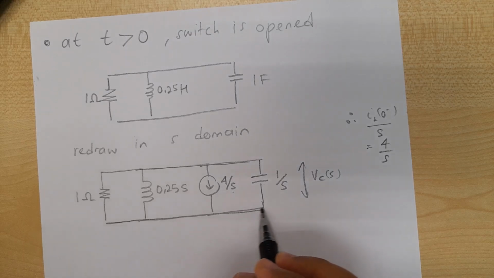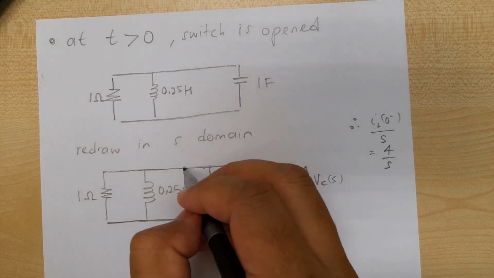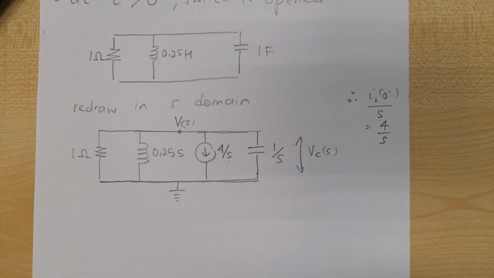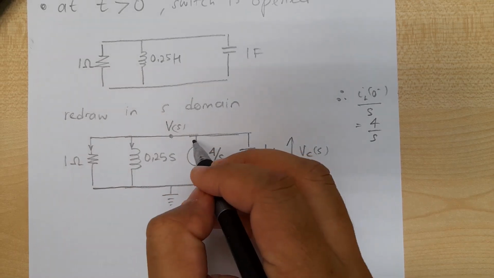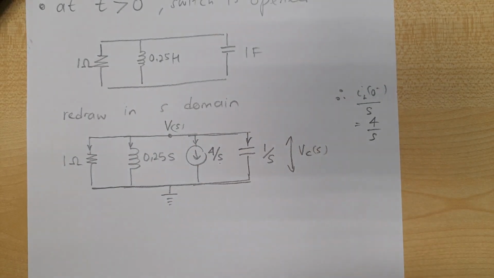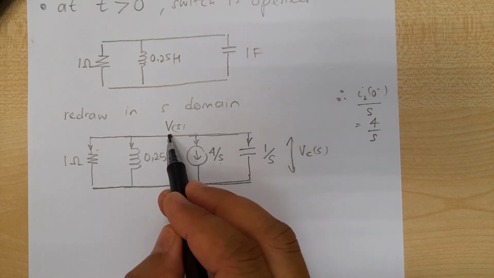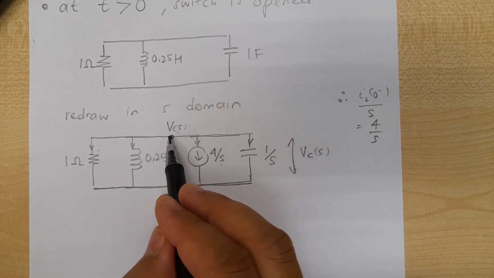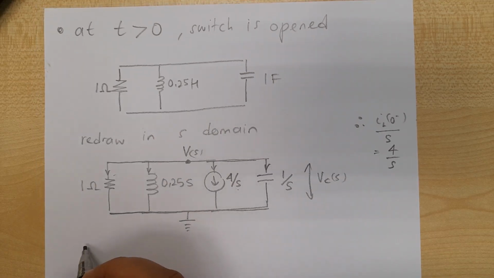Here what we can do is we can use Kirchhoff current law. So we assume that all the currents are going to the ground. So all the currents are moving away from this terminal Vs, and there is no current going into the terminal Vs, so that we can write this equation.